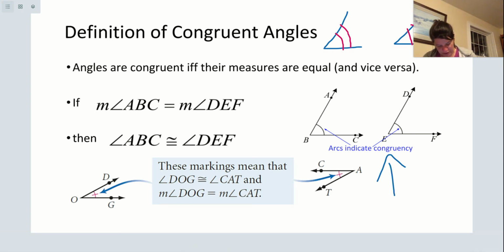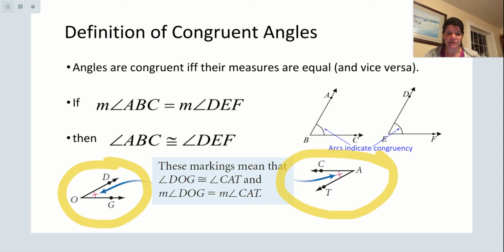So we could put 2 arcs there. The same number of arcs indicates that the 2 angles are congruent. If they have a different number of arcs, then they have different measures, different sizes. And then we can also use a tick mark. So in these angles down here, there is the tick mark inside, and they have the same number of tick marks, which indicates that they are congruent.